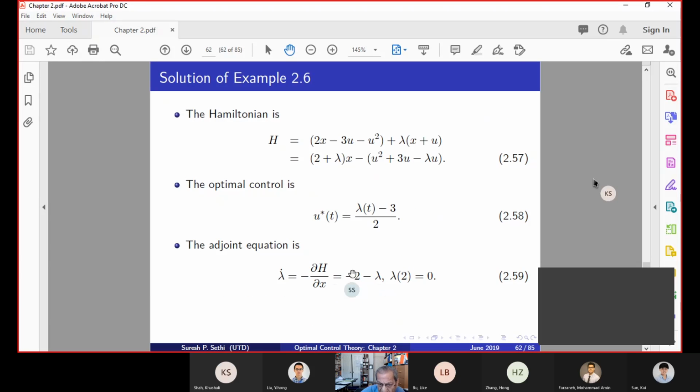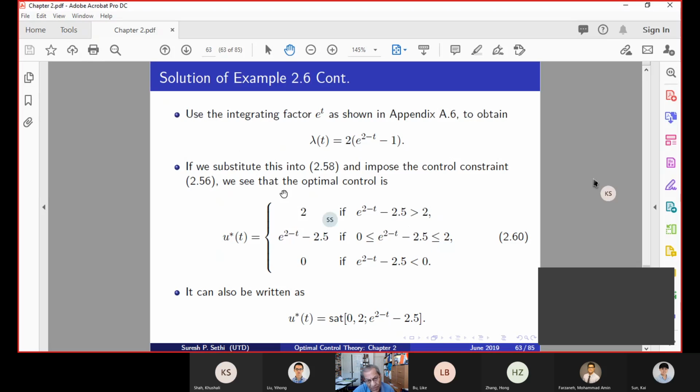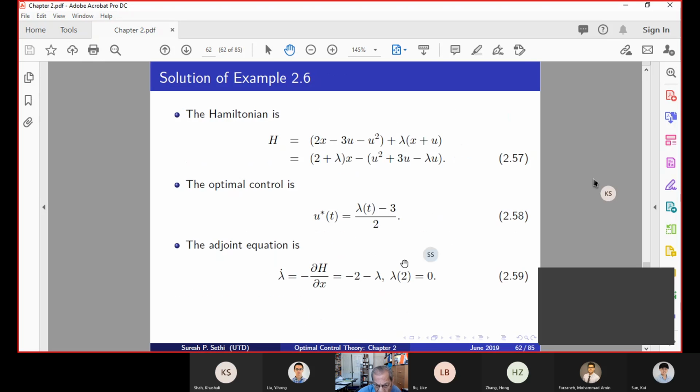This is easy to solve. It's a first order linear equation, and I have given the solution of such an equation in the appendix. You can do it directly by integrating, or you can go to the appendix and find the solution by integrating factor. So you use the integrating factor e^t as shown in appendix 6, and you get the solution. Or you have d lambda divided by (-2 minus lambda) equal to this dt, and then this gives you a log.